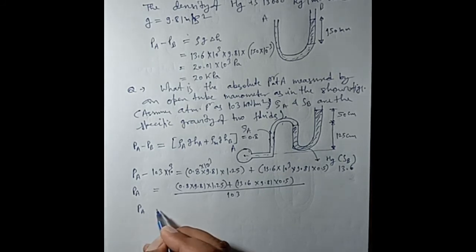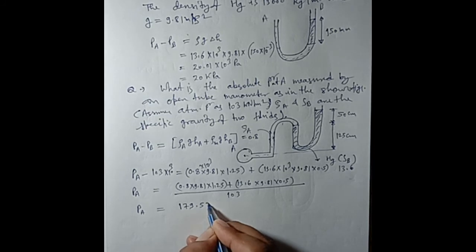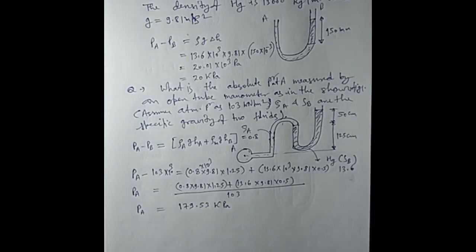Therefore PA is equal to 179.53 kilo Pascal. The pressure at point A is 179.53 kilo Pascal.